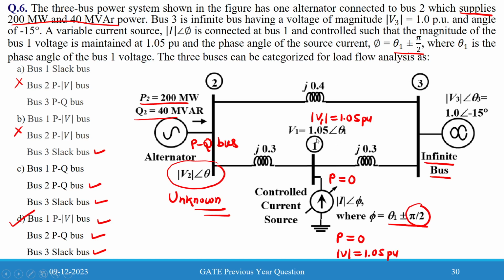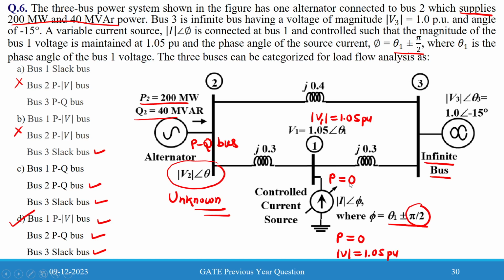Voltage magnitude is given as 1.05, that is okay, but theta 1 is not given. The other thing given is that between the voltage and the current injected into this bus, the phase difference is pi by 2. If the phase difference between voltage and current is pi by 2, that means active power is 0.